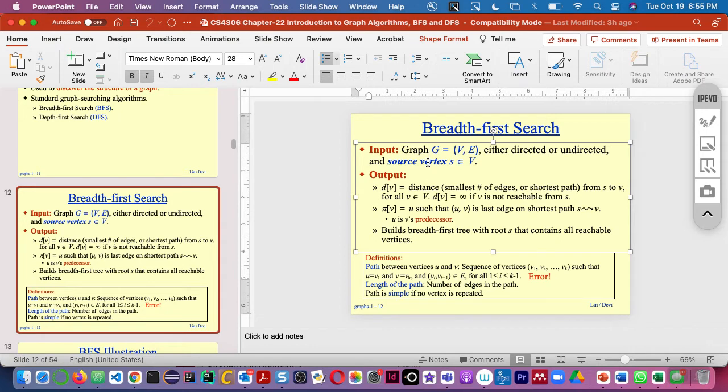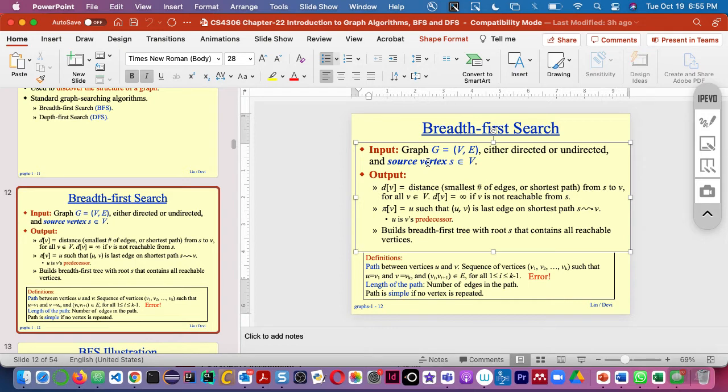In a graph usually you will have a source and you may have a destination. You may not have a destination, but you must have a source. Source is the starting point. But unlike a tree, in a graph any vertex can be source.